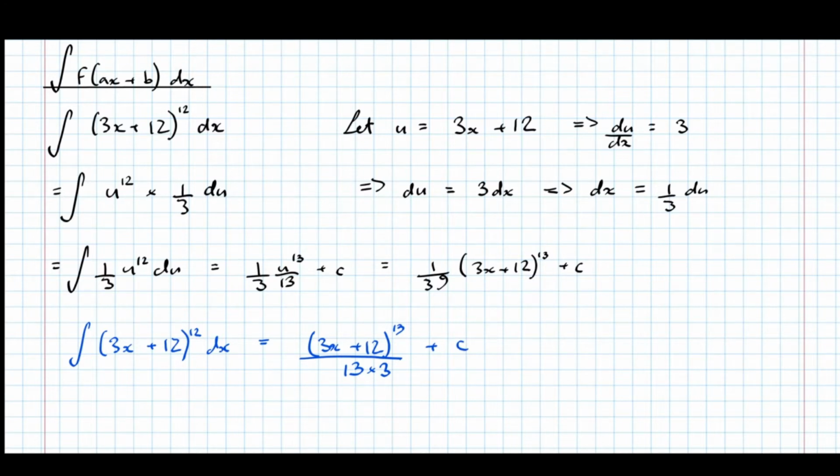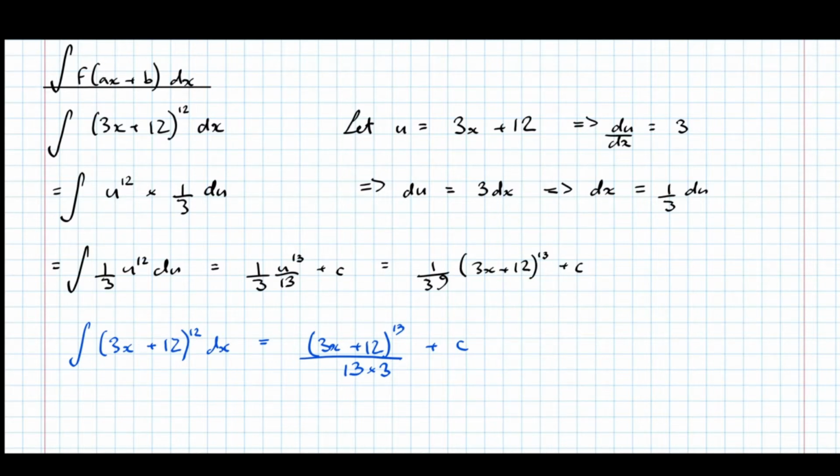And notice that's the equivalent of what we've done here. We've integrated the full thing to get u to the 13 over 13, and then we've multiplied the denominator by the differential of the bracket, or the equivalent, divided by the differential of the bracket.